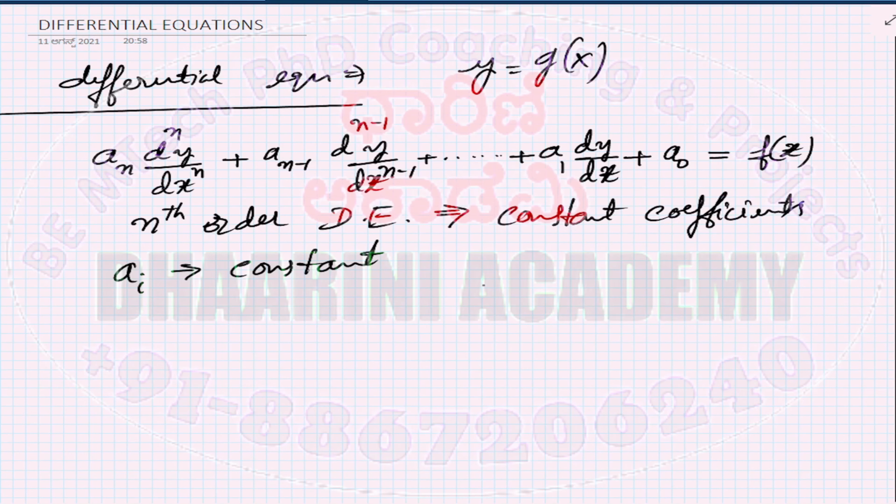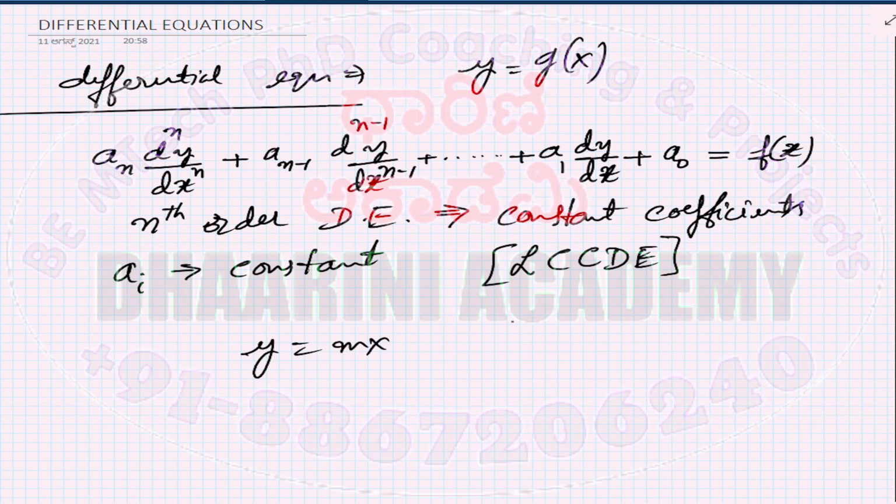This is abbreviated LCCDE. CC is constant coefficient, DE is differential equation. Now I'll come to what L is. L stands for linear, so the equation is referred to as a linear equation. It's because, you see, what's the equation of a straight line? If you remember, y is equal to m into x.